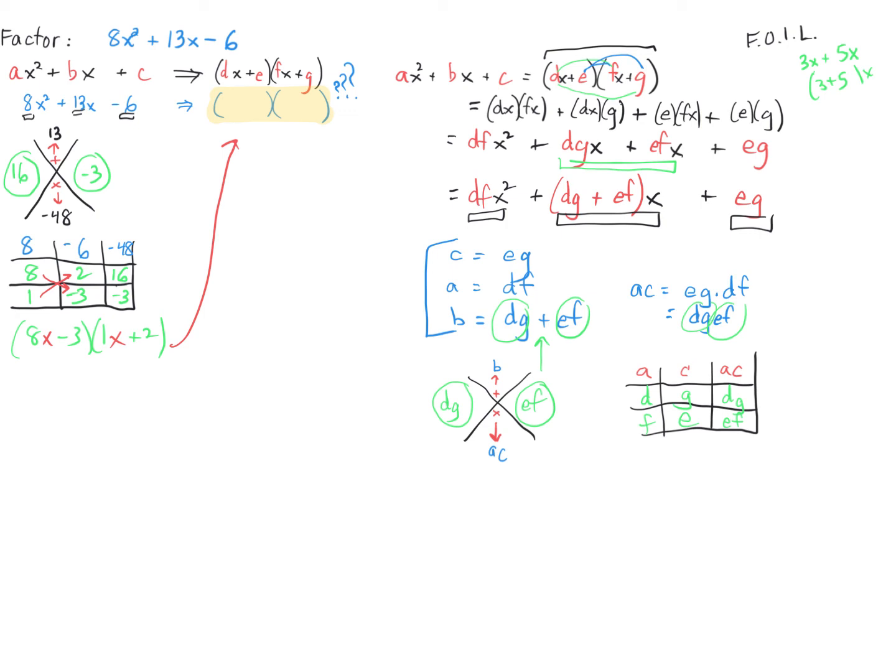We said DX and E, multiplied by, then we went this way, FX and G. And is this what we needed? Is this the answer?